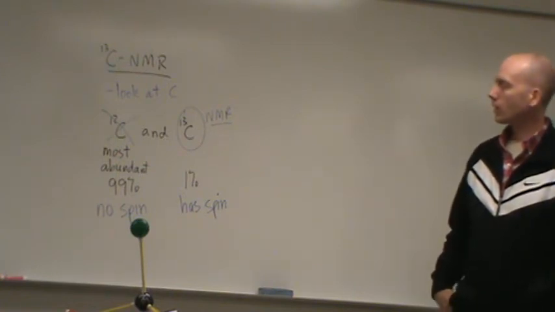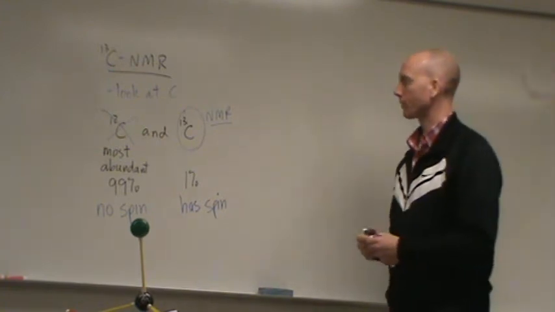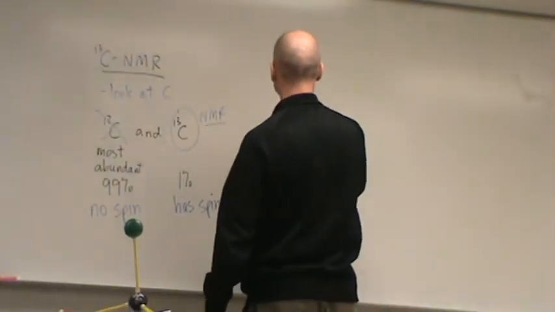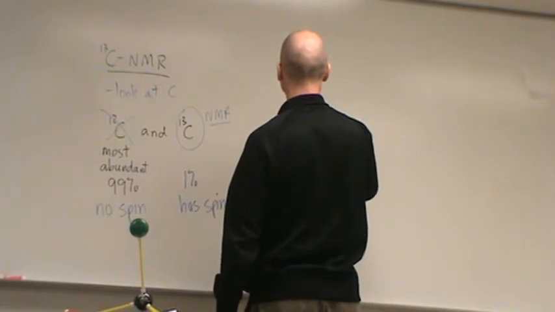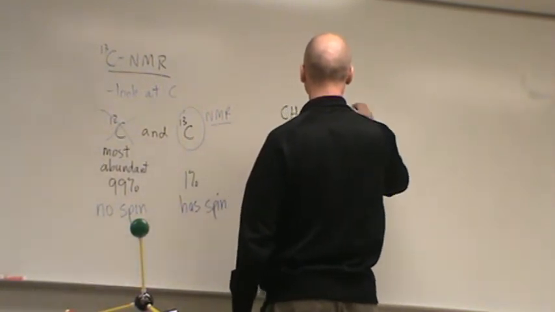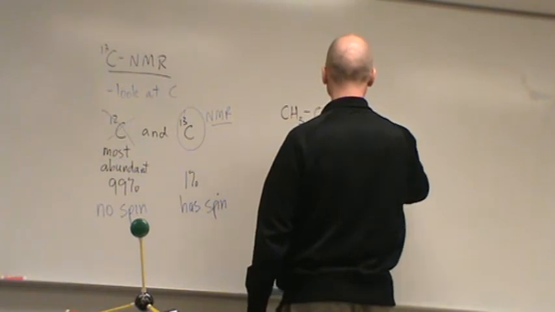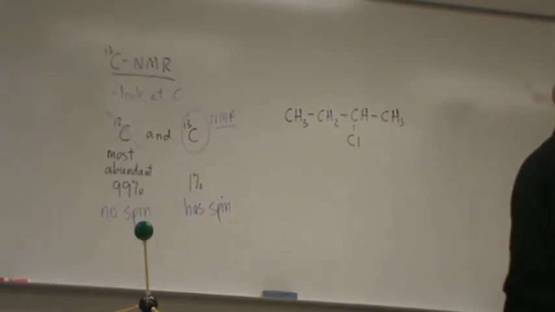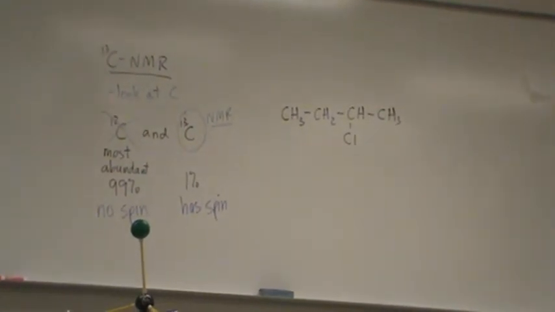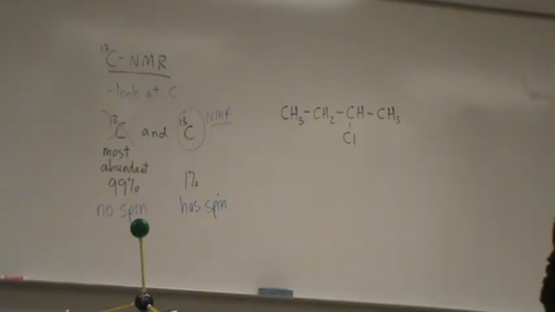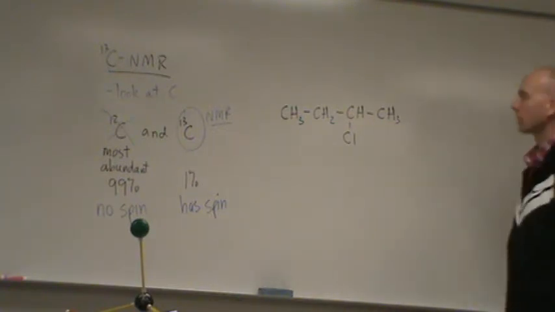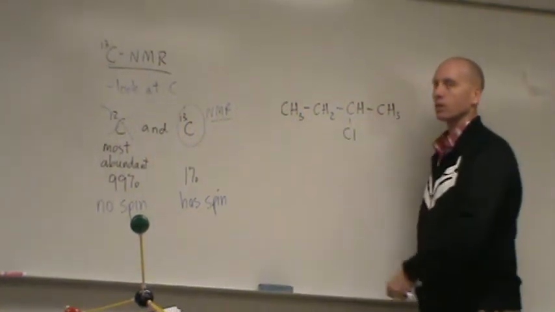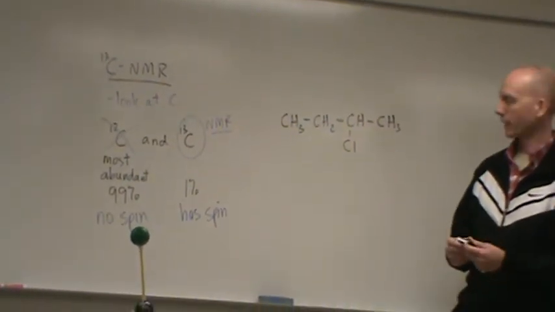So let's see the significance of that. Let's draw out this molecule here, 2-chlorobutane. Again, we're going to look at the carbon atoms in this molecule. Let's look at this one. That's CH3.